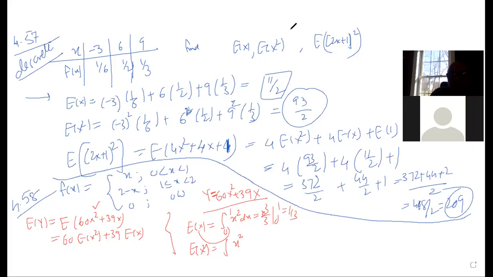Let me do it again. Plus the integral from 1 to 2 of x times (2 minus x) dx. Otherwise it is 0. So the first part is 1/3. Here it is 2x, so it is 2x squared by 2 minus x cubed by 3, and the range is 1 to 2.